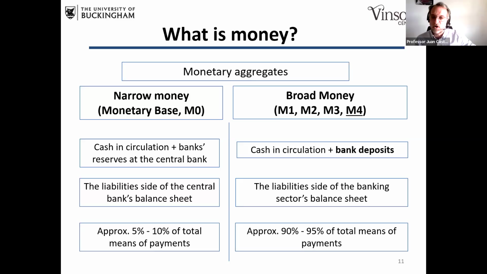And that involves no Bank of England money, no notes. So the bulk of the total amount of money used in modern economies is indeed the liability side of the banking sector's balance sheet. And as I said, it represents from 90 to 95% of the total amount in circulation.